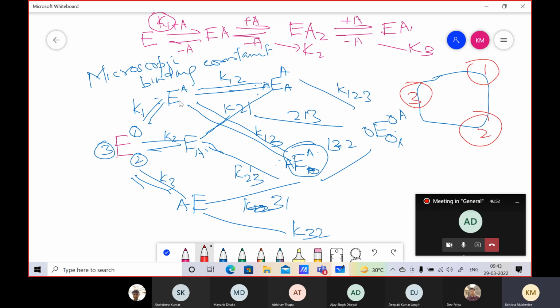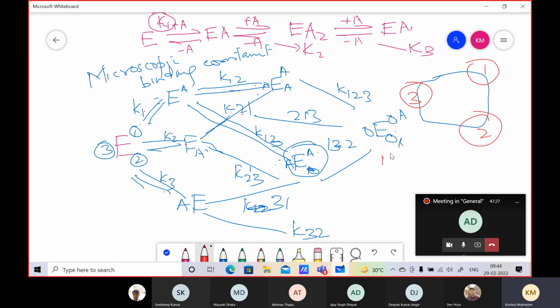So these are the true microscopic binding parameters: K1, K2, K3, K12, K21, and K13. Each of these has three options first, K1, K2, K3. Then K1 has two options, K12 and K13. K2 has two options, K23 and K21. K3 has two options, K31 and K32. And then all of these have one more option leading to all three.